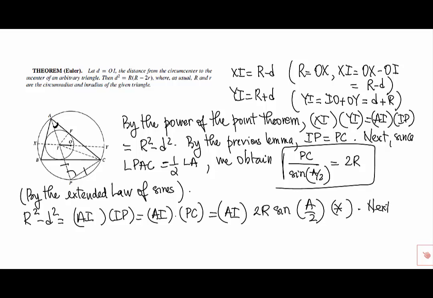Next, we consider the triangle AIF. This triangle here, AIF.